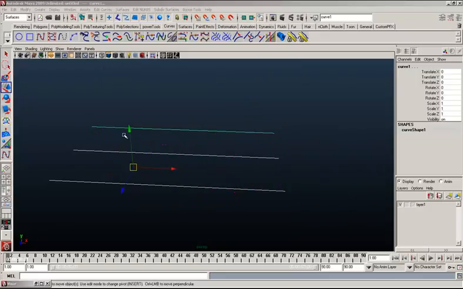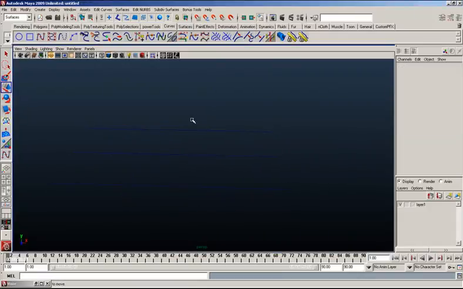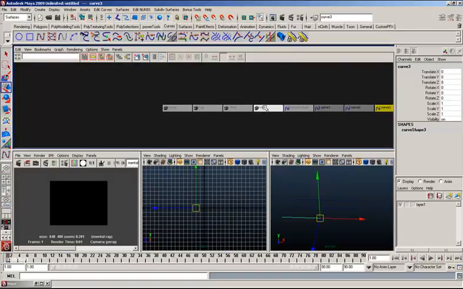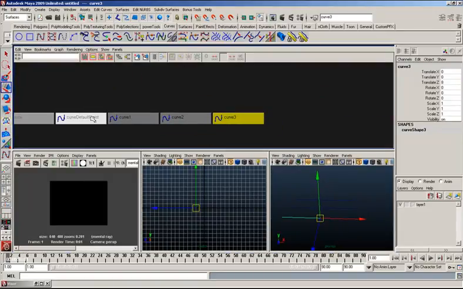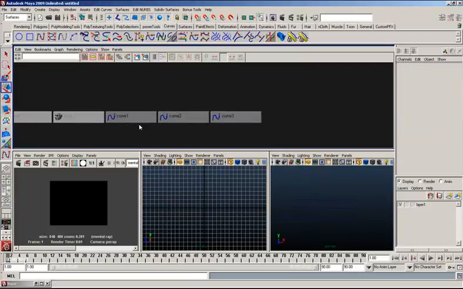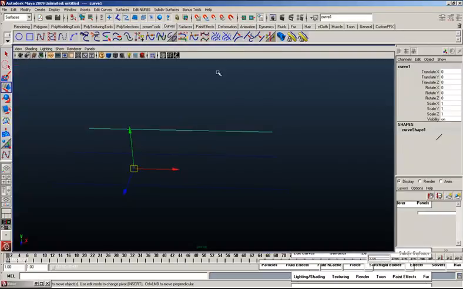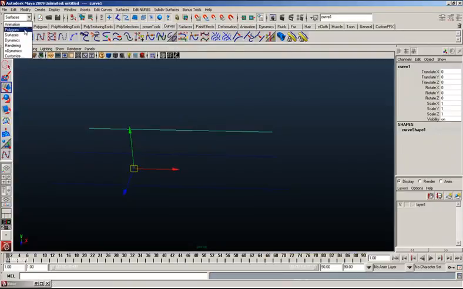So, let's talk about dynamic curves. As you can see, I got curve 1, curve 2, and curve 3. And I'm going to open up the hypershade so you can see them right there. Curve 1, curve 2, and curve 3. And now, if I come here to dynamics, hair.